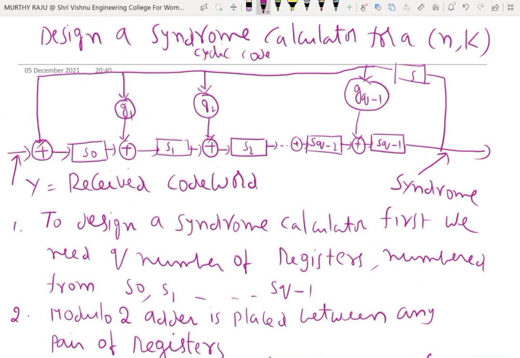The received code word consists of n bits. After all the n received bits get shifted, the registers contain the syndrome. The syndrome vector is collected from this point.